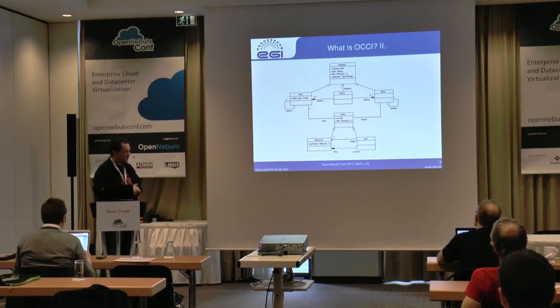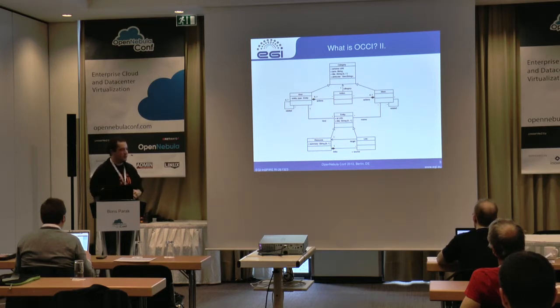Mixins are designed to extend existing functionality and provide new functionality to existing kinds and entities and resources. So, for instance, you have a compute request that would actually launch a compute instance, a virtual machine inside your cloud, and you would like to add contextualization.